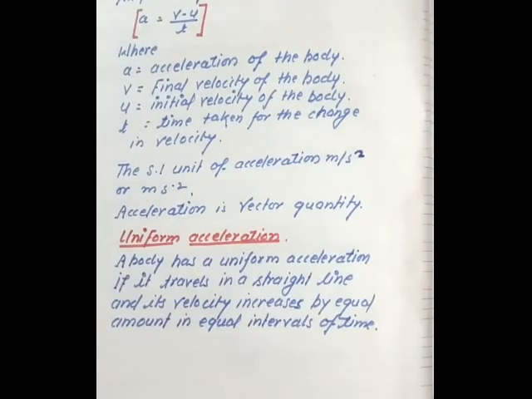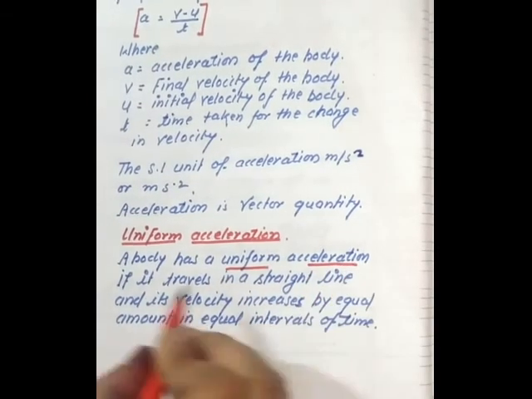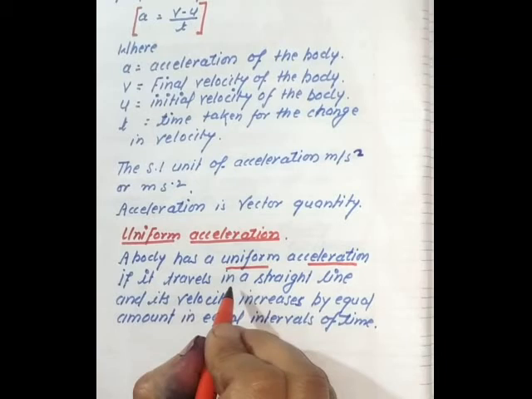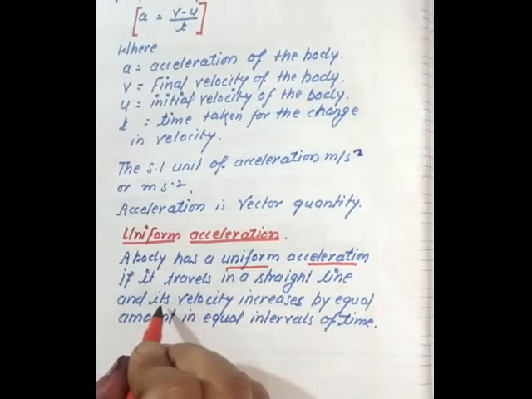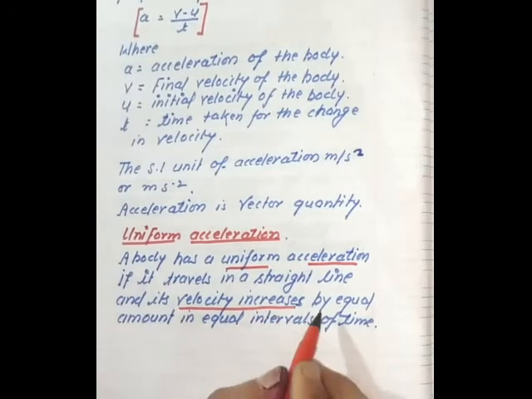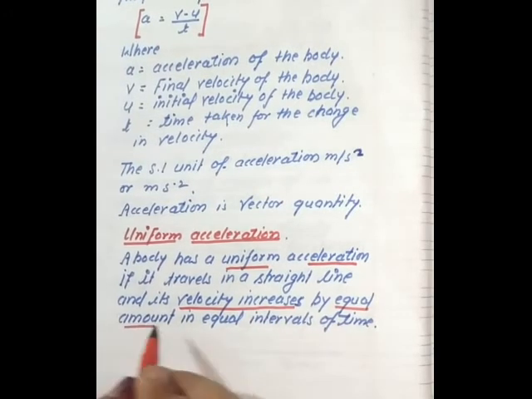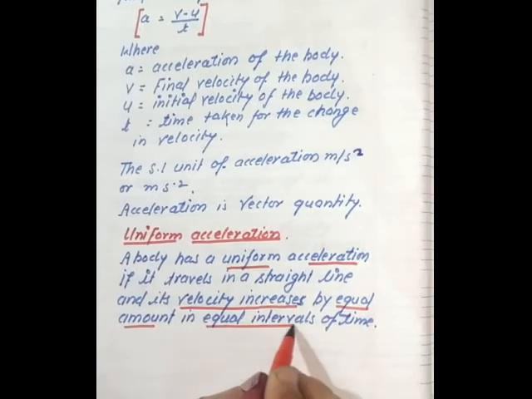A body has a uniform acceleration if it travels in a straight line and its velocity increases by equal amounts in equal intervals of time.